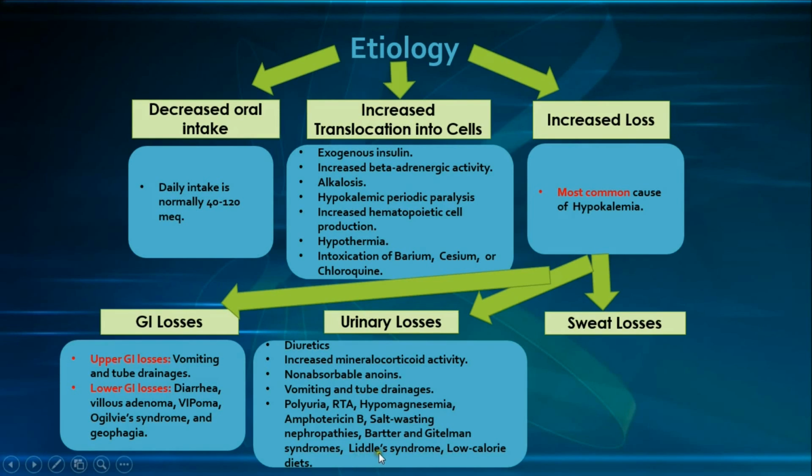And now with Liddle's syndrome, which is an autosomal dominant disease where there is upregulation of the luminal epithelial sodium channels in the collecting tubule, resulting in more sodium reabsorption despite the suppression of aldosterone.